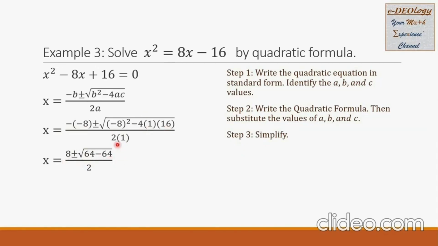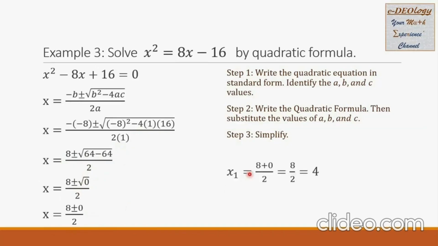All over the 2 times 1 is 2. You see here we have 64 minus 64, and that is equal to 0. So our radical now is the square root of 0, and when we simplify the square root of 0, it's simply 0. At this point, we will now split our x into plus or minus.